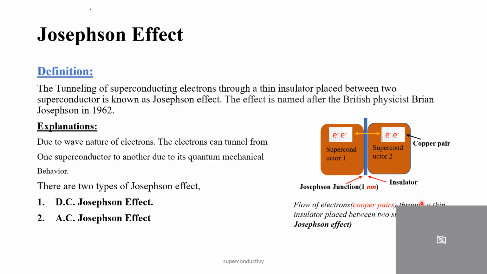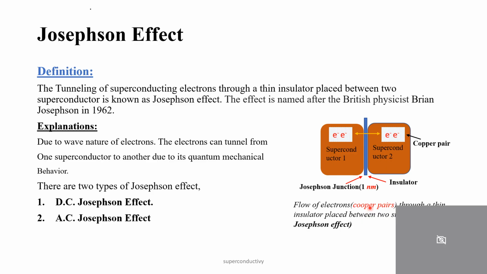And one thing we should know is, what are the Cooper pairs? Cooper pairs are the electron pairs having opposite spin. That means two electrons having opposite spin can make a pair via a phonon.